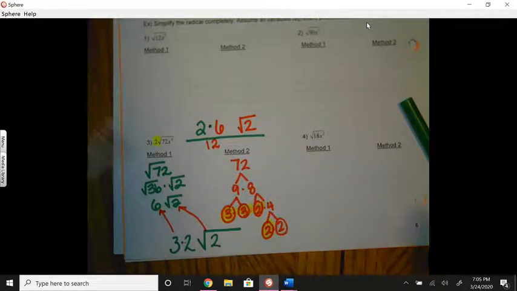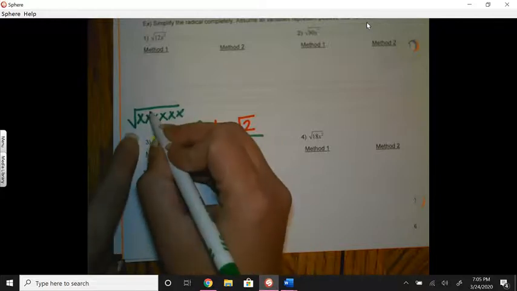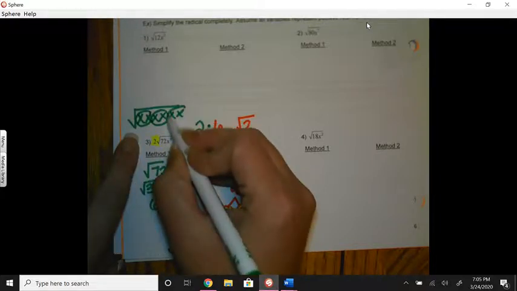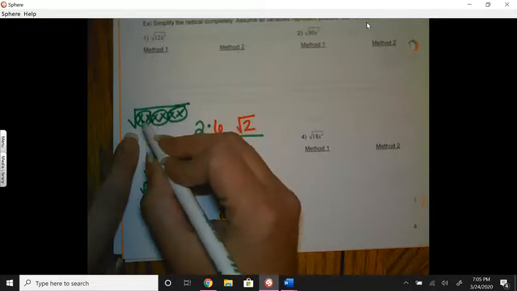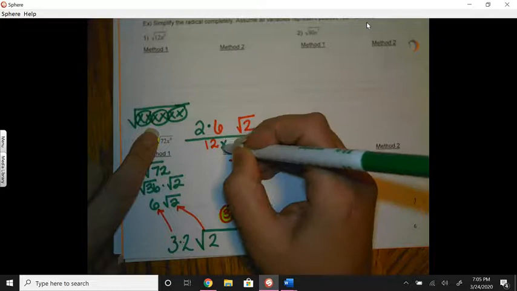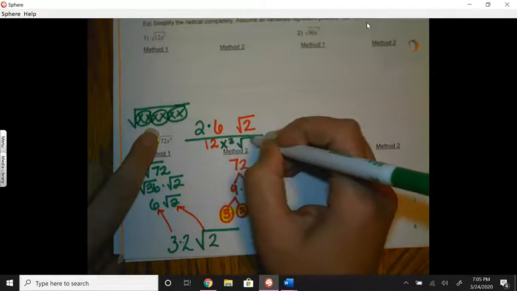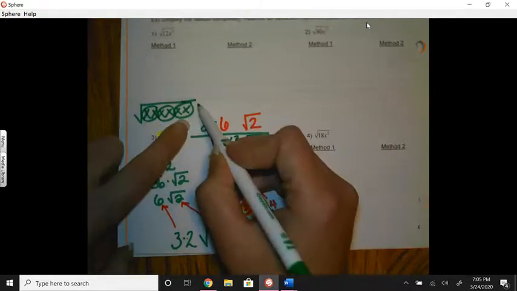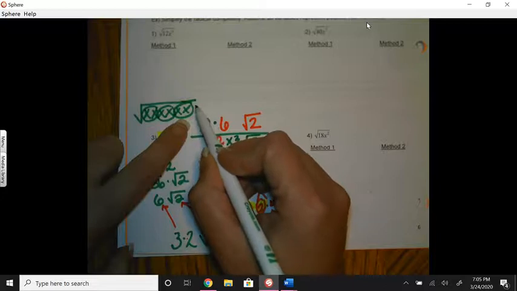Now, as for the variables, we have x to the 6. 1, 2, 3, 4, 5, 6. We want groups of 2. So since we have an even amount of groups of 2, we have 3 groups. We're going to have x cubed, and then we're not going to have any x's left inside because there's no remainder left.